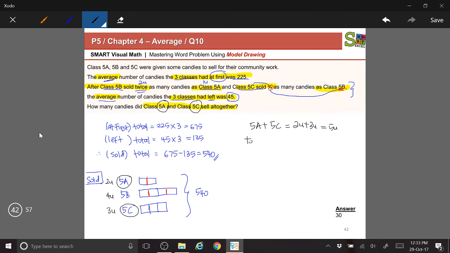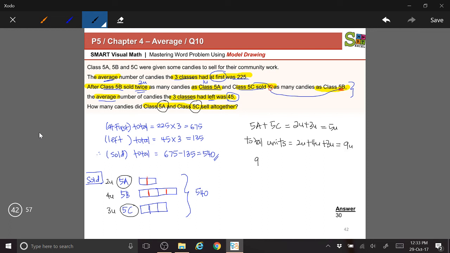The total units for all the classes will be 2 units plus 4 units plus 3 units, which is equivalent to 9 units.